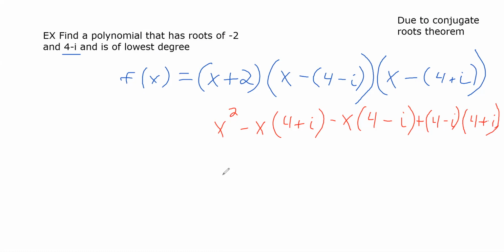Now I need to simplify this business even more. We get x squared. I'm going to distribute this minus x here. Minus 4x minus i times x. Now I'm going to distribute this negative x out. So minus 4x plus i times x.